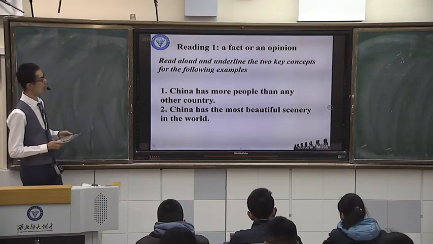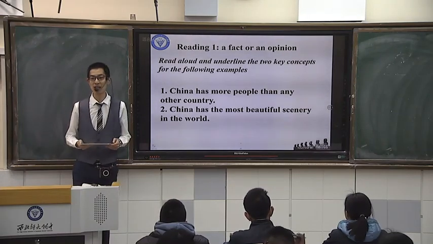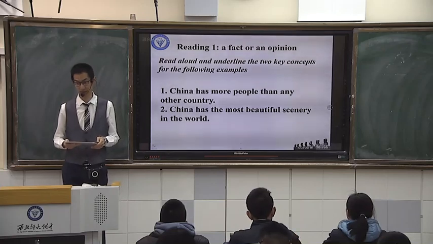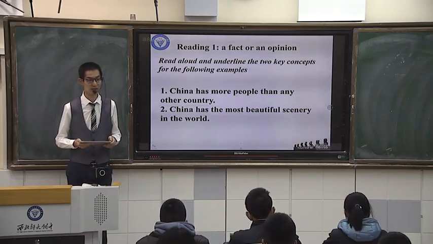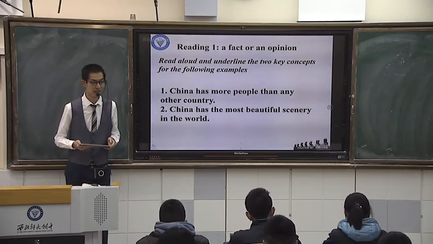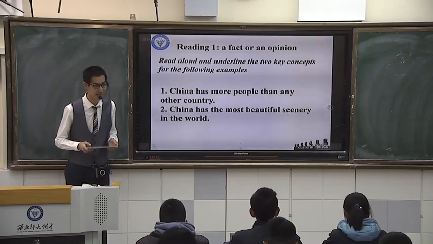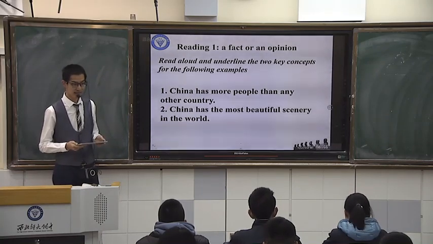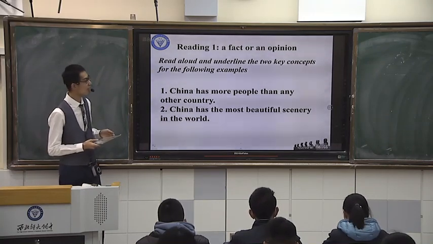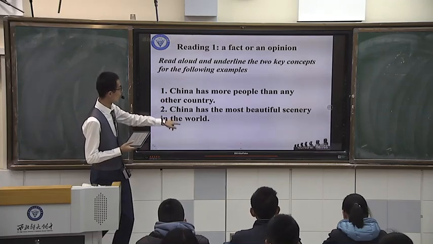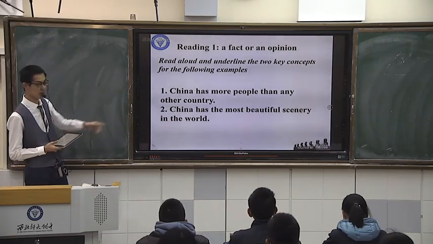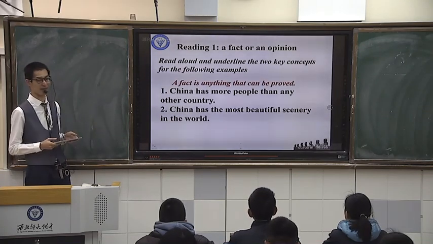Very well done. Now class, you tell me what are the two key concepts in this passage? What are the two concepts? Tell me. Fact. What is a fact? A fact is anything that can be proved. Very good. So which one is the fact between the two? The first one. Very good.